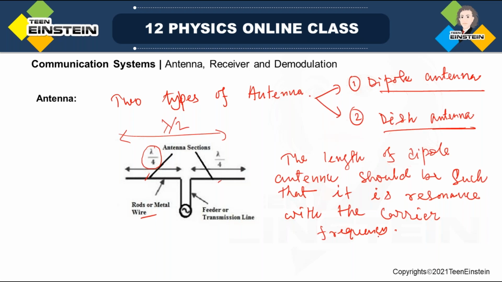Okay, so this is about where, see, this lambda is the wavelength of the carrier wave.